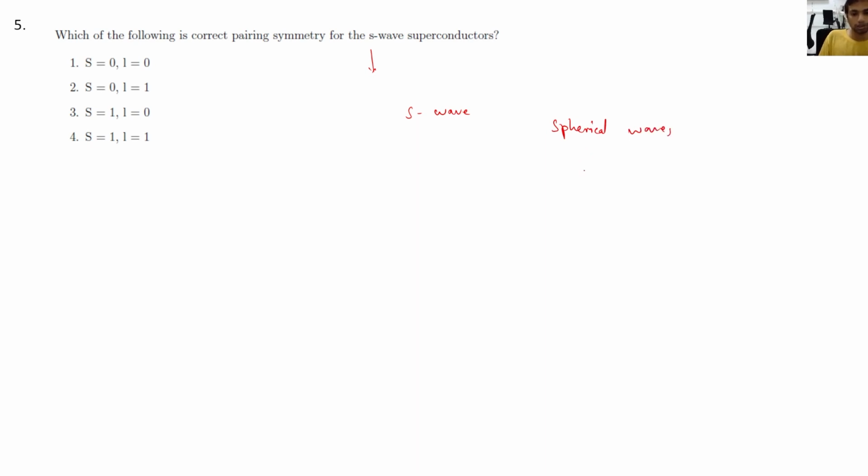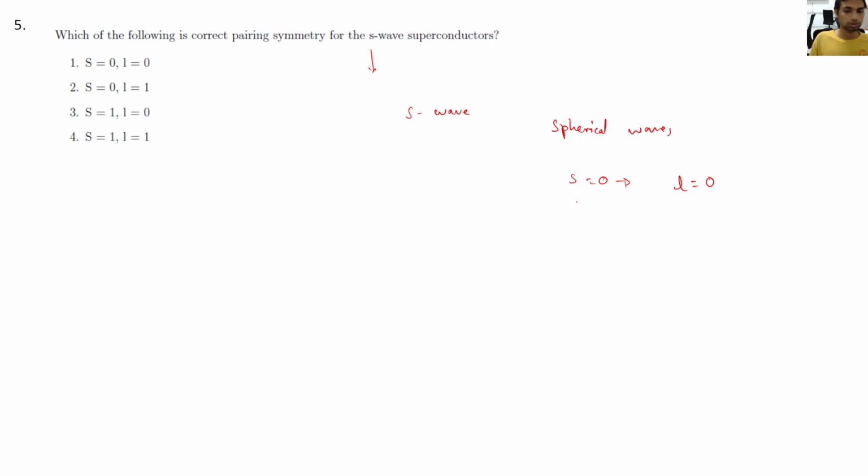You know the spherical harmonics like S wave, P wave, and so on. So for S equal to 0, it represents the S wave. For it, L is equal to 0. The angular momentum L has to be 0.